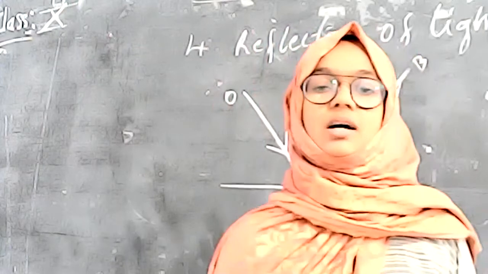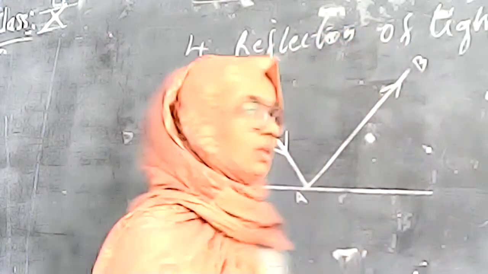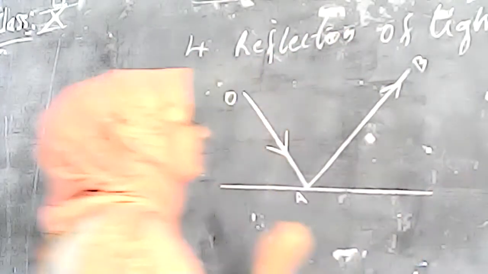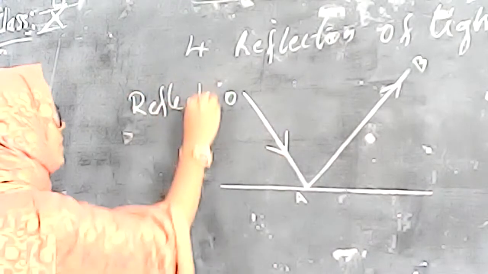And light has another property, refraction. Do you know what refraction is? Refraction is the bending of light.